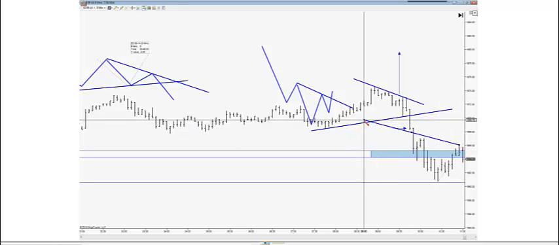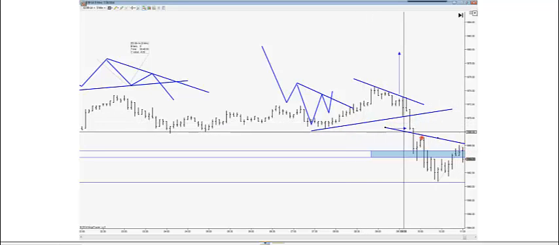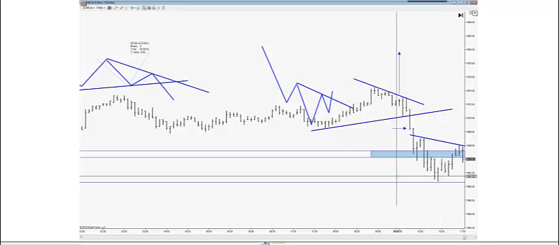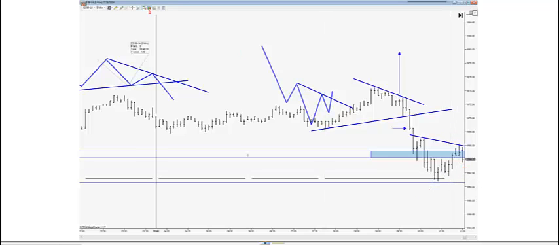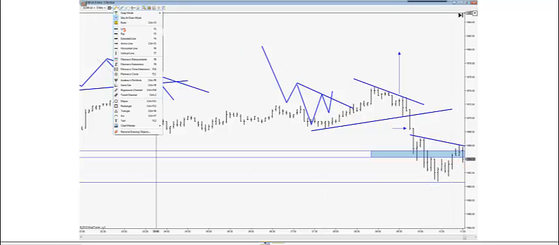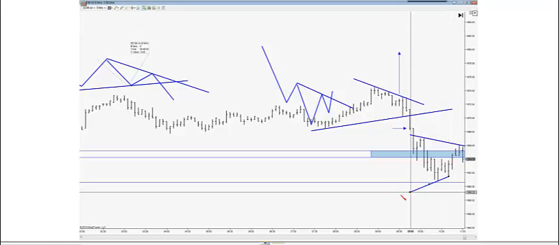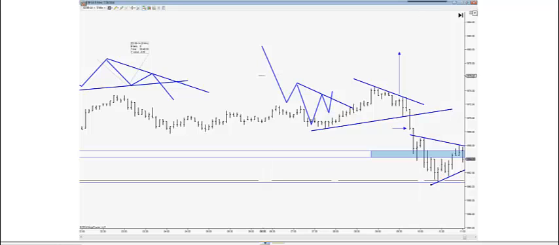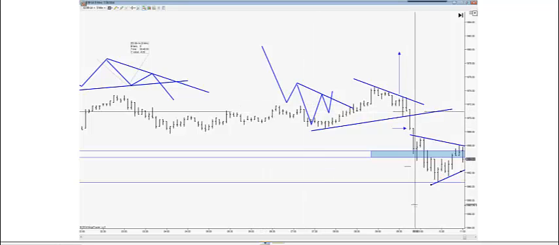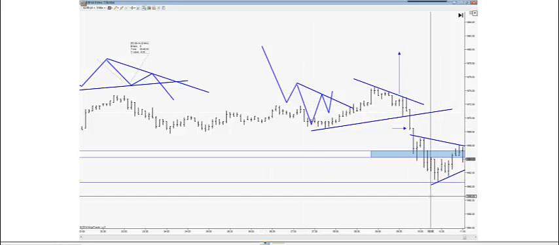So now I have these 2 points right here, and I put my resistance line right there. And guess what? I do have 2 points on the downside now. Do I already have pretty much what I'm looking for in terms of the information for my strategy, the pivot step? Yes. Do we have a trade?